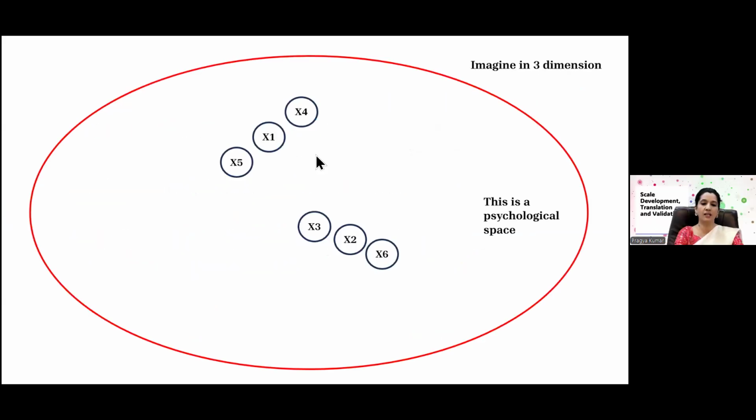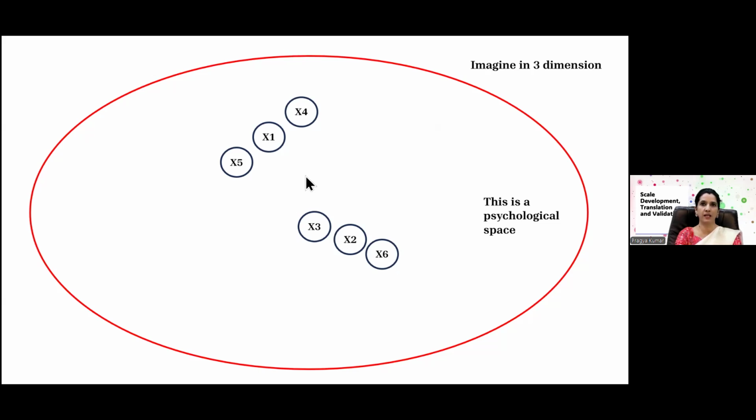Now let's understand this with an actual 2D graph. Here, what can you see? This is your psychological domain, the inside of the brain. And these are six items: X1, X5, X4, X3, X2, X6.